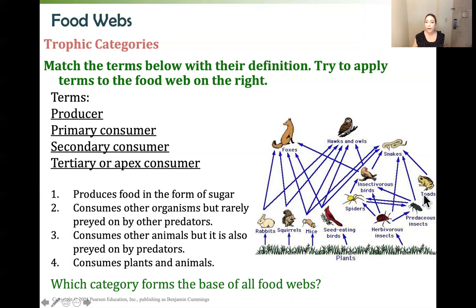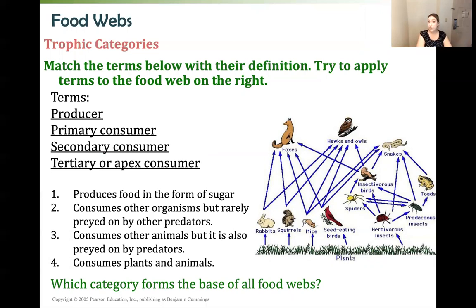It's on the far right. A toad eats insects, predaceous insects, but it is eaten by snakes. So it eats organisms, but other organisms eat it as well. So that would be like our carnivores or omnivores in the middle of the web.